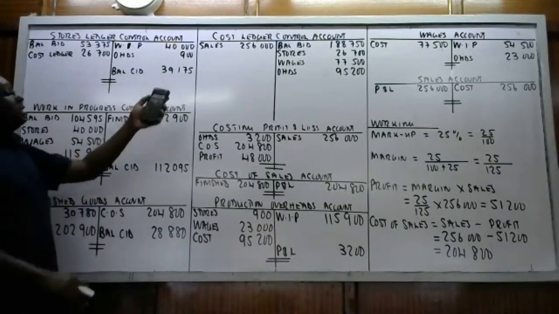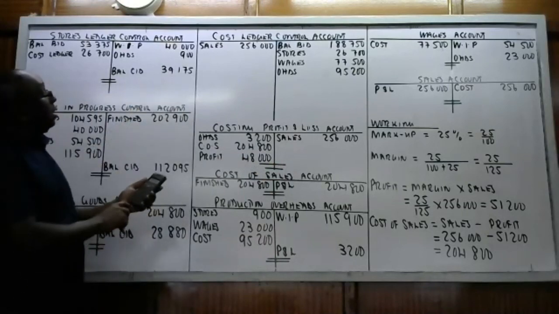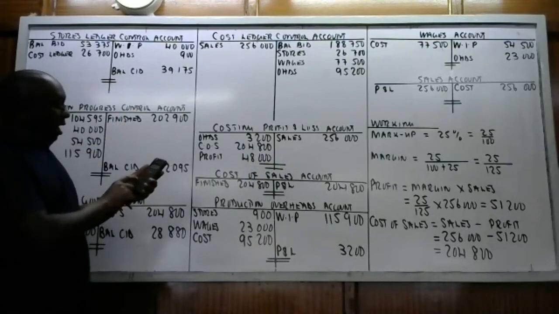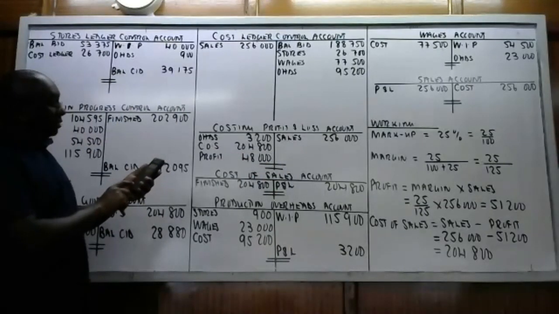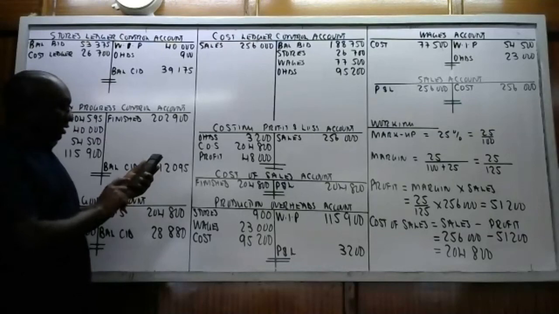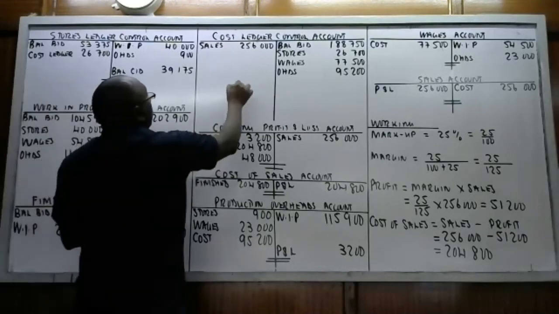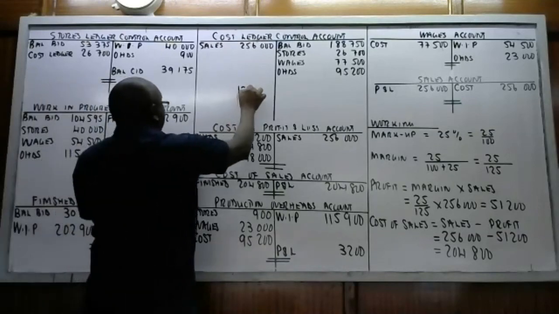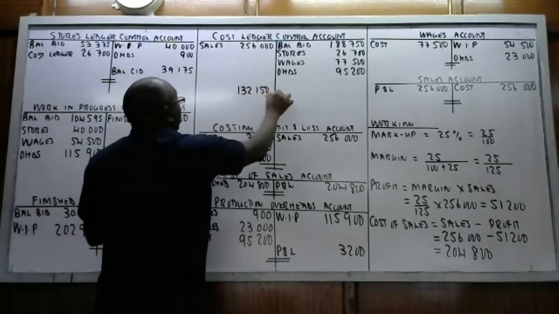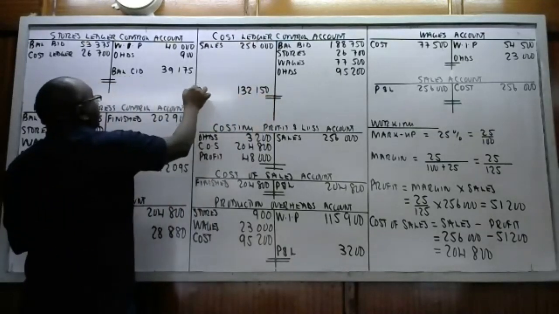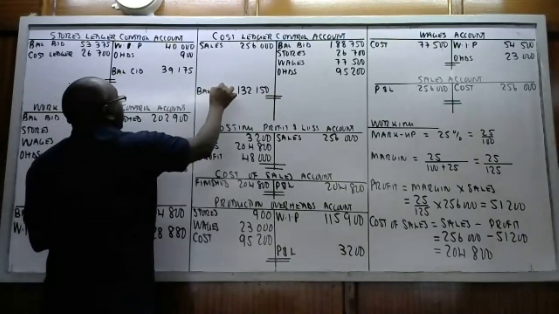So now let's close the other one. We will say 188,750 plus 26,700 plus 77,500 plus 95,200 minus 256,000 is 132,150. So this is the balance carried down.